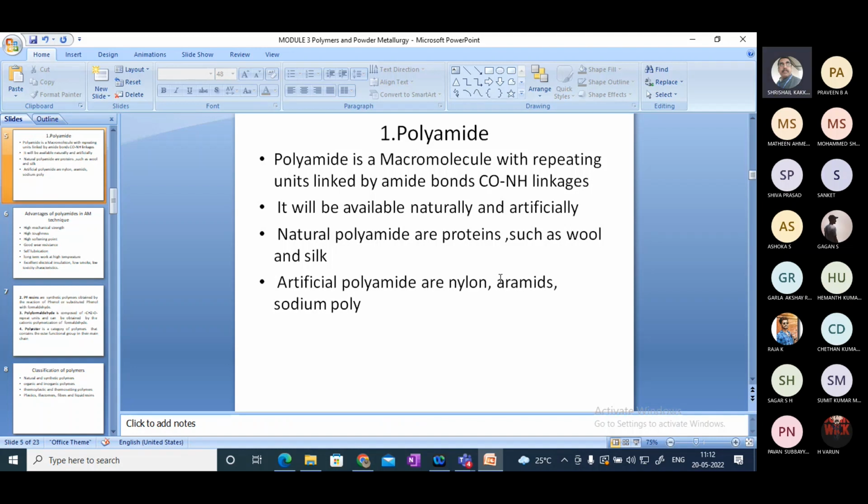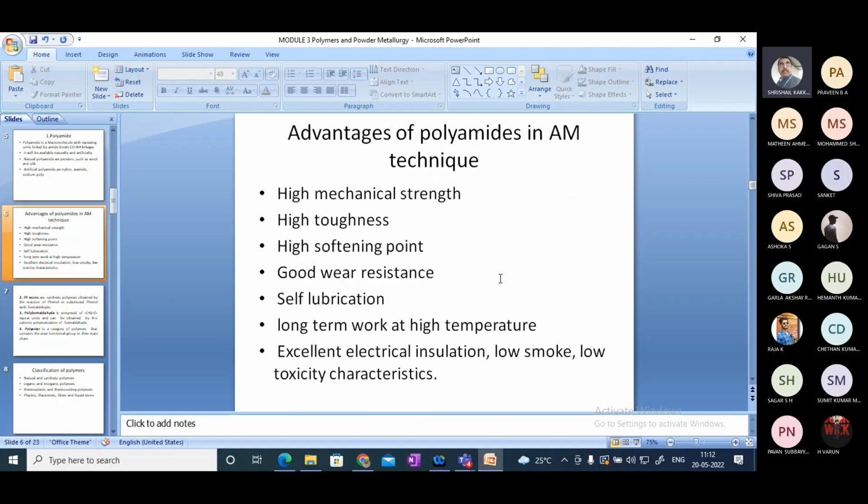Now, what are the advantages of polymers and AM techniques? How they will be helping, or how they can be used in this additive manufacturing technology, we'll try to understand. All these polyamides have high mechanical strength, in the sense after molding.